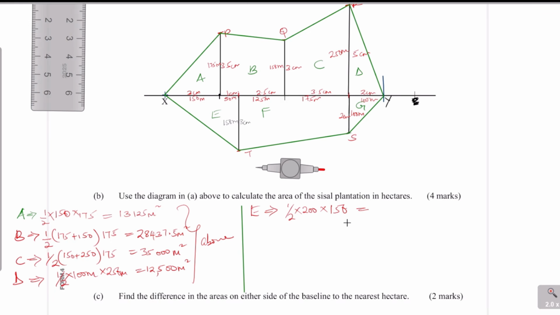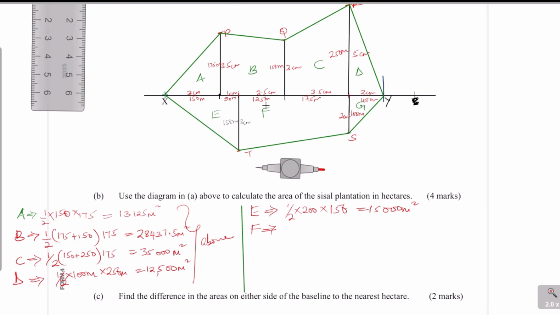So for E, that is 150 plus 50, so that is 200, and the height is 3 centimeters, that's 150. So 200 times 150, then you divide that by 2, you get 15,000 meters squared.